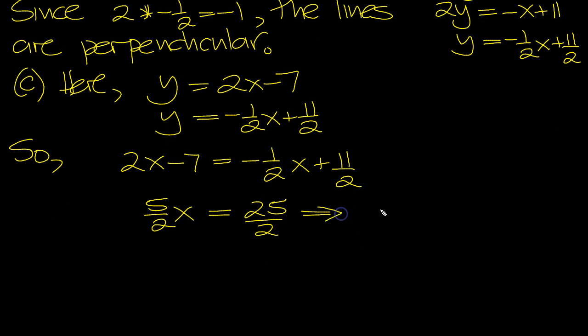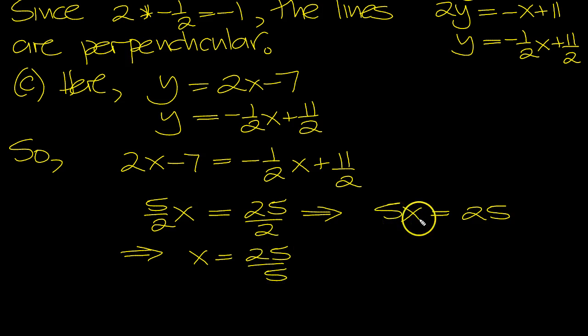So 5x, cancel the 2 both sides, or multiply both sides by 2, it's the same thing. 5x equals 25, so x is equal to 25 over 5. Move the 5 from times down to divide. So x equals 5.